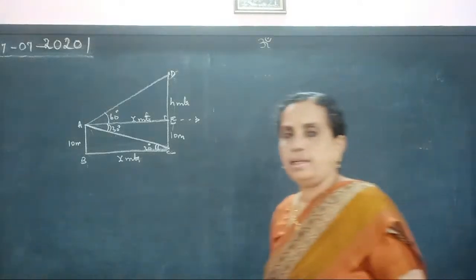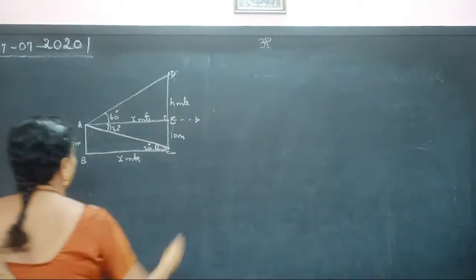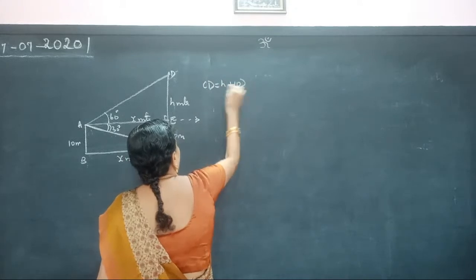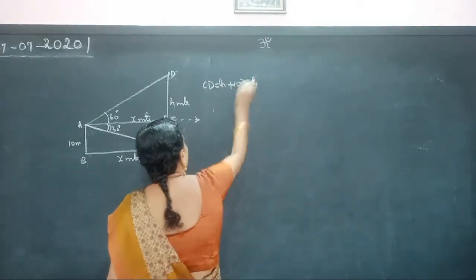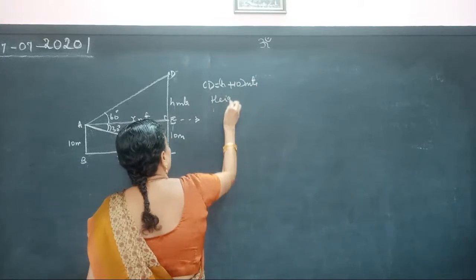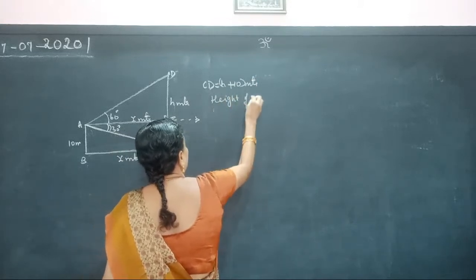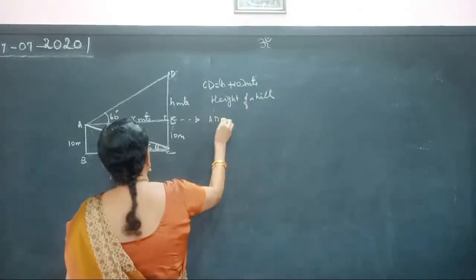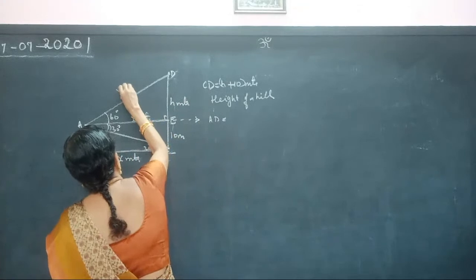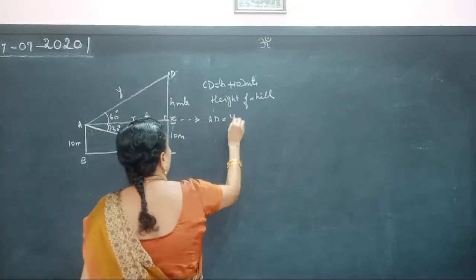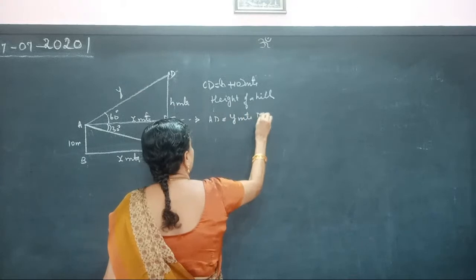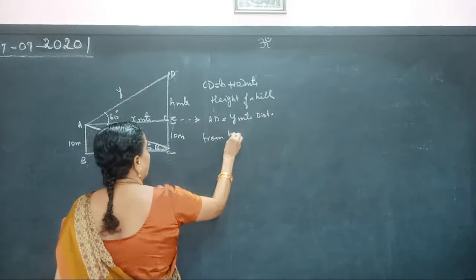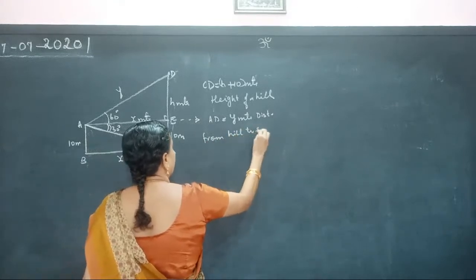Okay, now let us try to write the description about it. That is CD equals h plus 10 meters, height of a hill. Then AD equals y meter, distance from hill to ship.